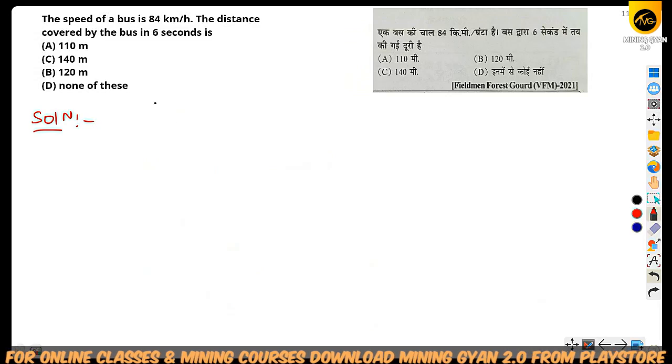If you want to find the distance, then distance is equal to speed into time interval. So speed is 84 kilometer per hour, and the time interval is 6 seconds. The options are available in the form of meter.